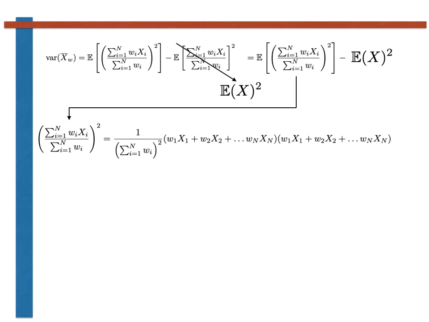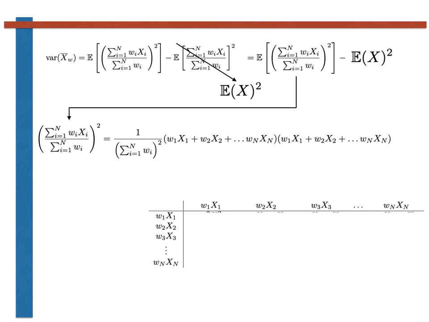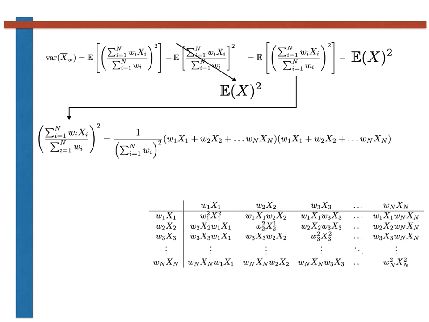To make multiplying out the brackets really easy, let's represent the process of doing this by drawing a table in which the title of each row is a term from the first bracket, and the title of each column is a term from the second bracket as shown here. The process of multiplying out the bracket now just involves filling each element of the table by multiplying the title of the row by the title of the column as shown here.